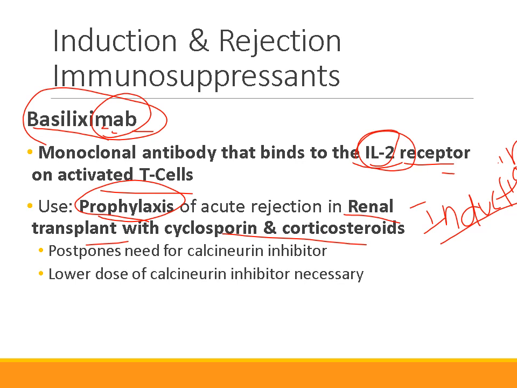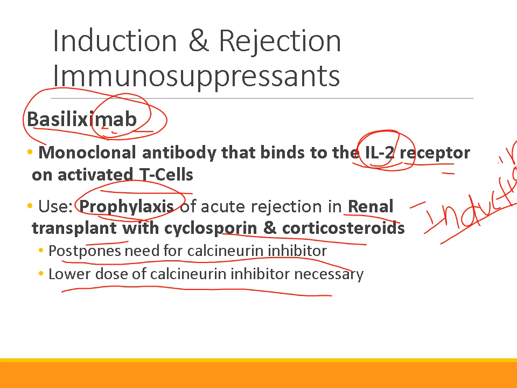When we use the basiliximab in renal transplant, this postpones the need for a calcineurin inhibitor and allows for lower doses of a calcineurin inhibitor once you need to start one. This is very beneficial in renal transplant because calcineurin inhibitors can be associated with some renal toxicity.